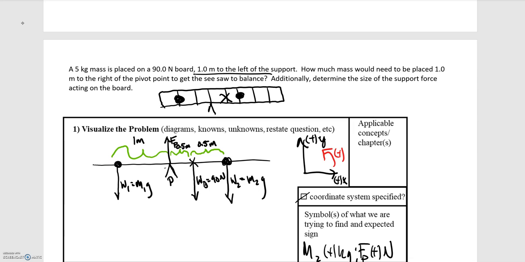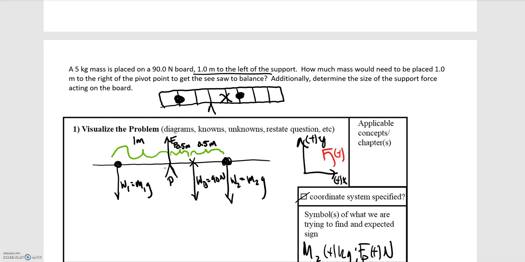So at this point, we've drawn our forces and labeled all of our information. Now let's take a look at the pivot point and see what torques these forces will cause. Will they be a counterclockwise rotation or a clockwise rotation?